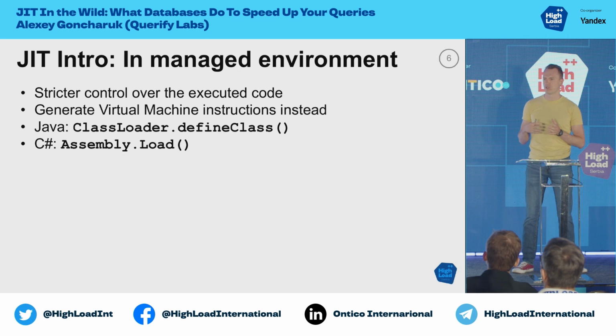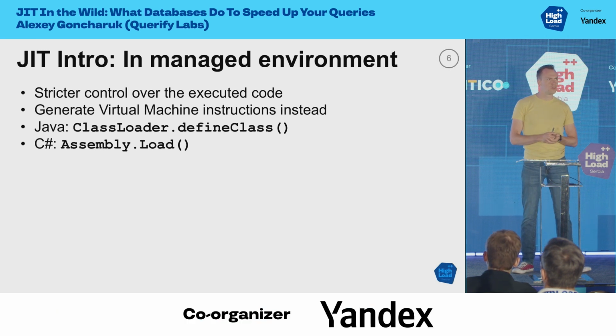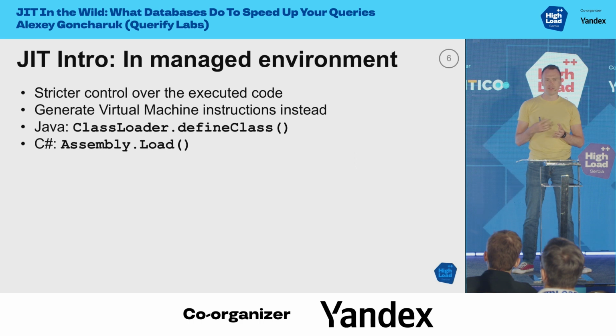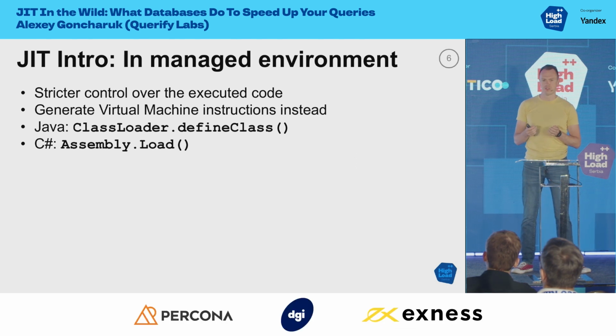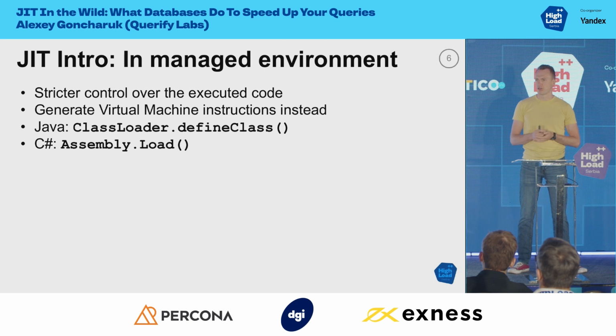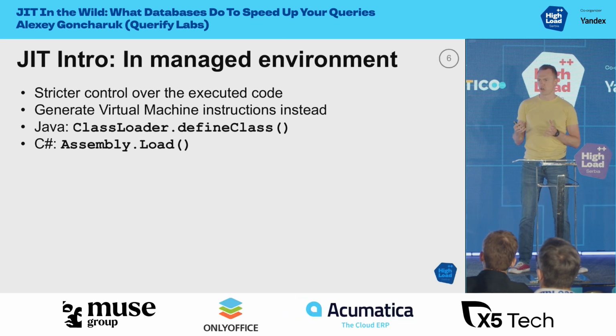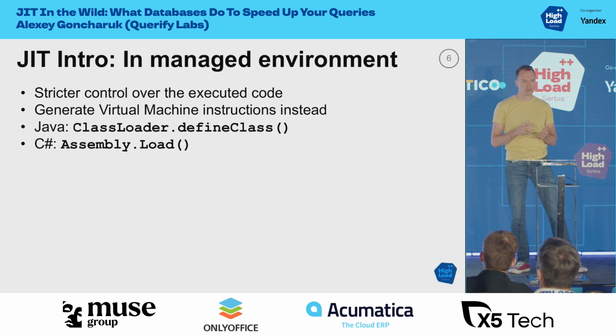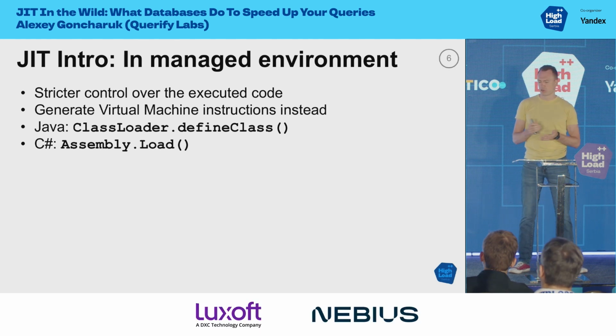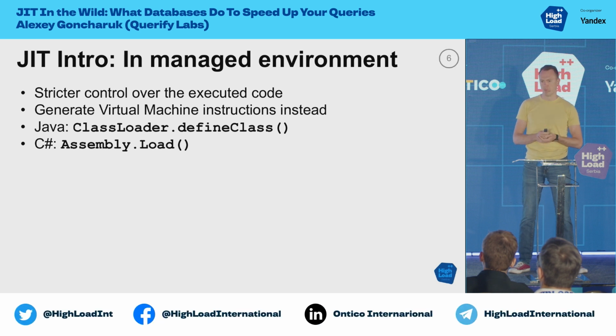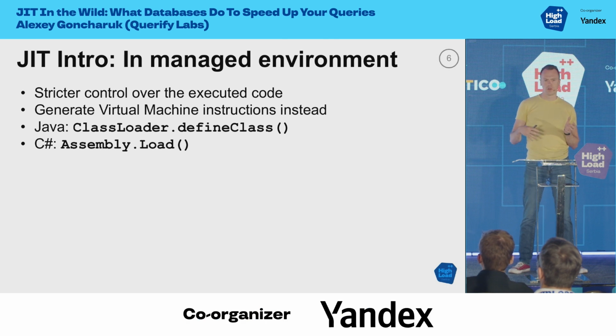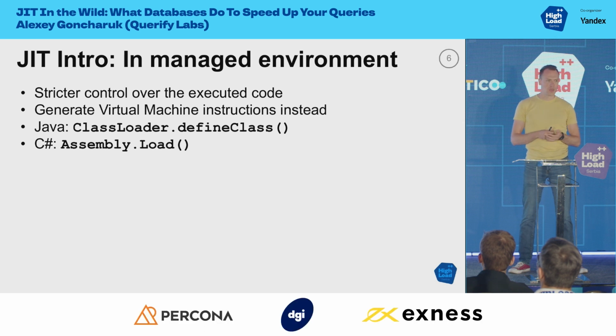So instead of generating machine code, you often generate the bytecode of that particular virtual machine that you're running with. For example, in Java, you generate the class bytecode and use the class loader to load the classes. In .NET, you can call assembly load with the library that you built. Once that code is generated and loaded, you again pass the control flow to the generated code, and launch your optimized code.